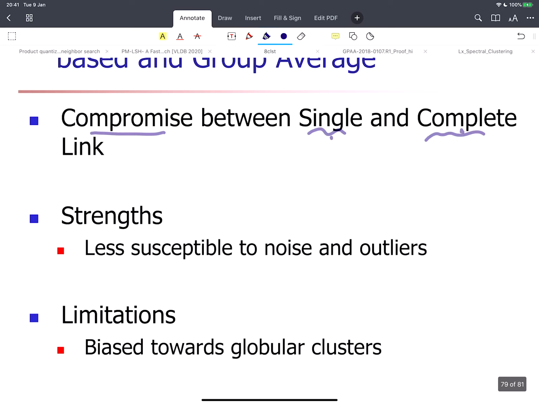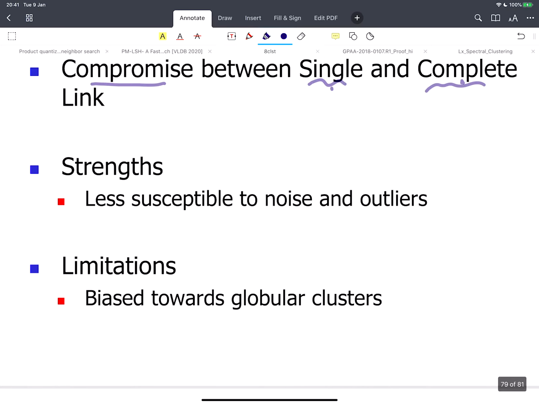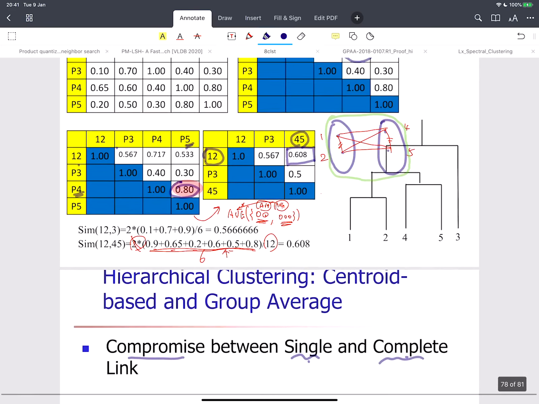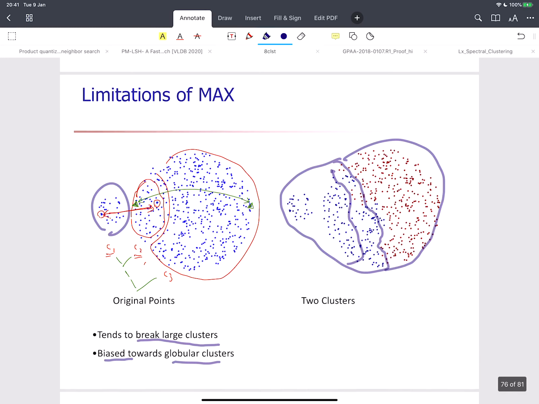I would say it's still more closely aligned with complete link, but to a lesser extent. So if you run this, maybe this time it will cut into here. Again, you still have this problem of eating into the large cluster.